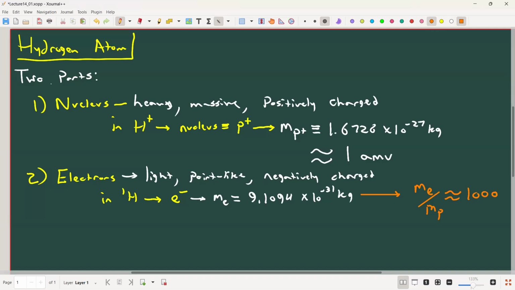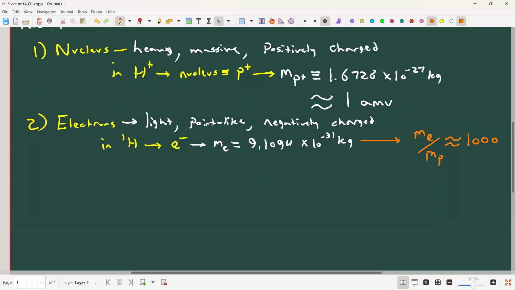So that electron is tiny compared to the proton. So you've got this little tiny object swinging around the proton. Relative to the electron, the proton doesn't really move. We'll formalize that concept that we just take the proton as like a center of an object and the electron is just orbiting. We're going to have to show that that's a reasonable assumption. And we will.